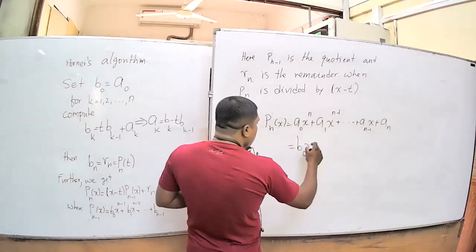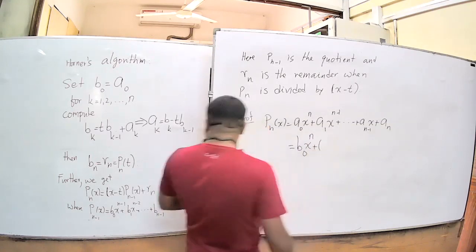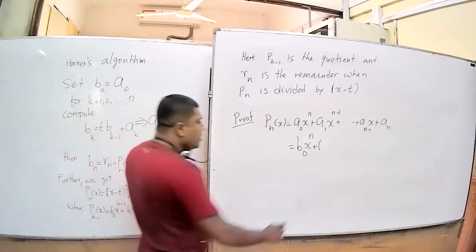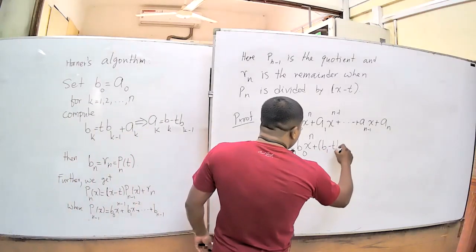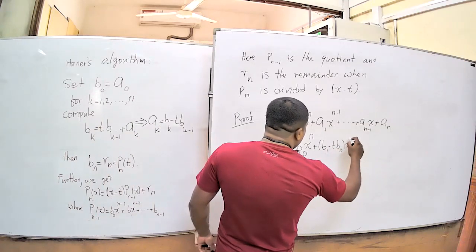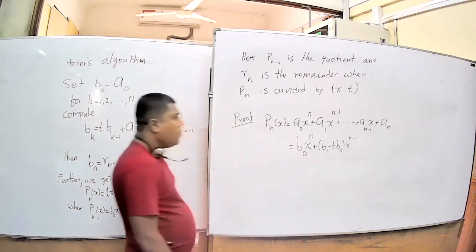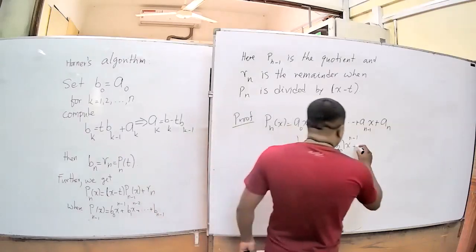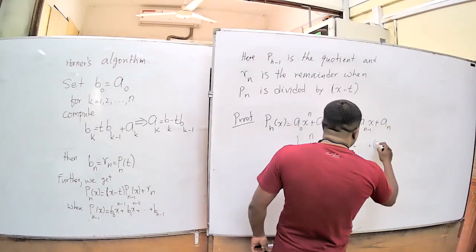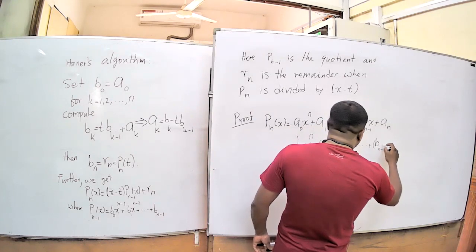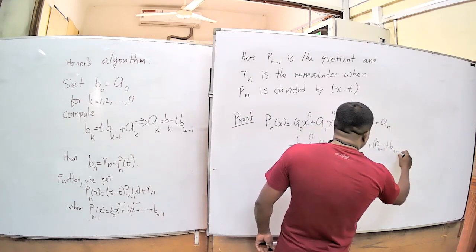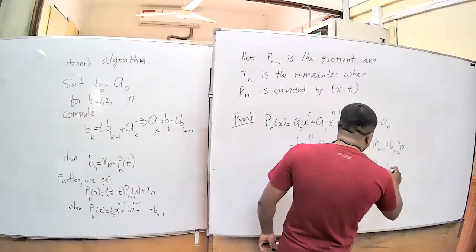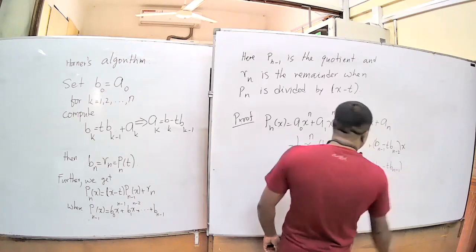So that is b naught times x to the power n plus a1, which is b1 minus t times b naught, x to the power n minus 1, and all the way up to a n minus 1, which is b n minus 1 minus t times b n minus 2, x plus a n, which is b n minus t times b n minus 1.